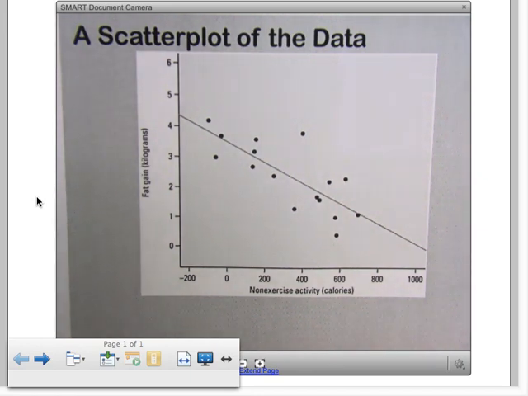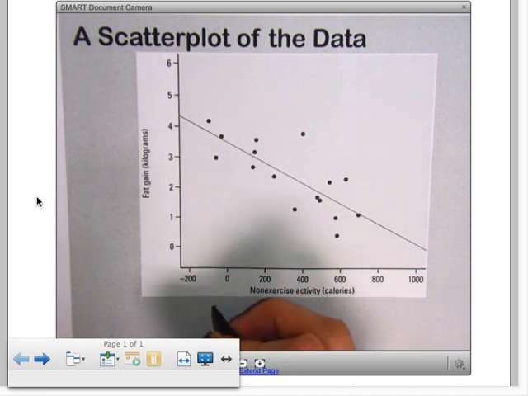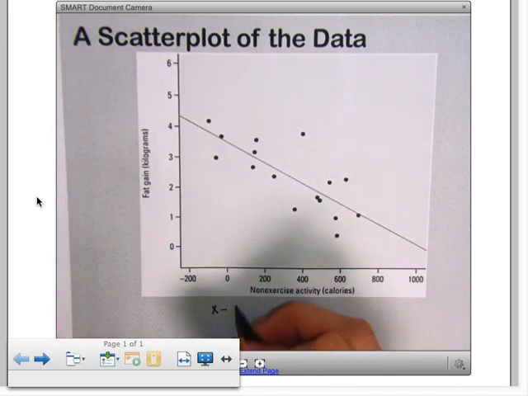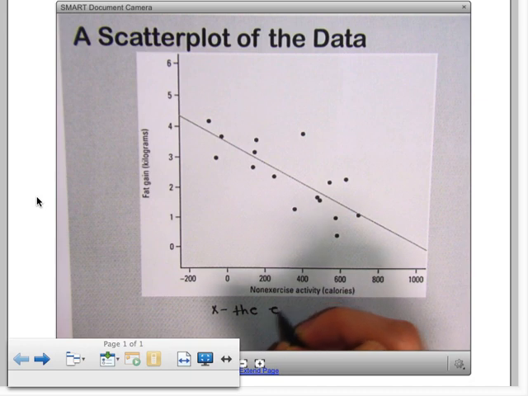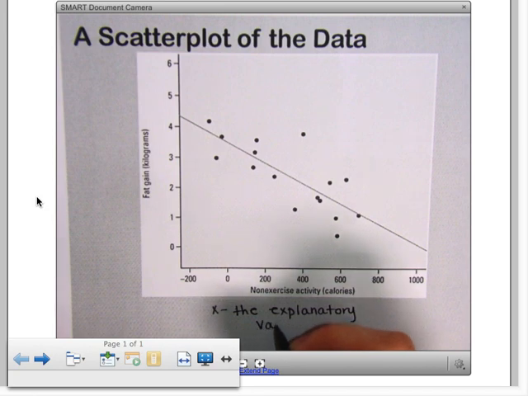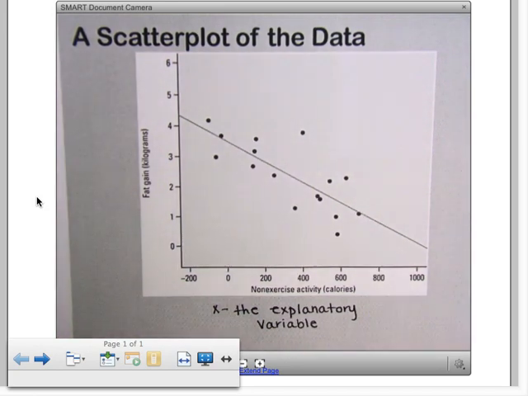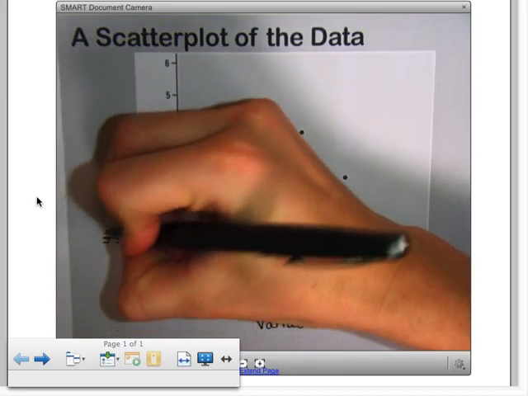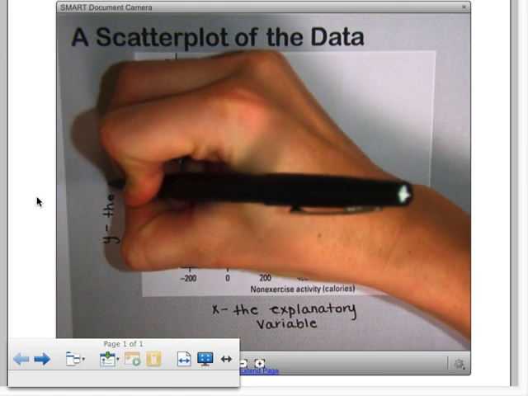Okay, so 2 things we need to know about a scatter plot. First thing, the x, this is called the explanatory variable. Okay, and then the second thing, the y, this is the response variable.